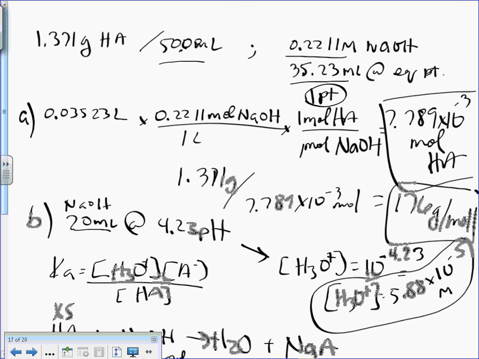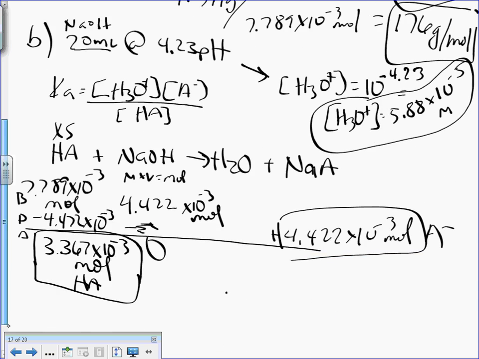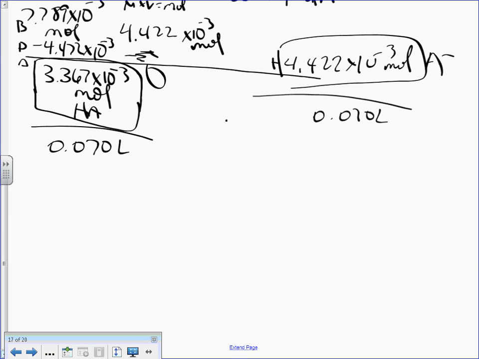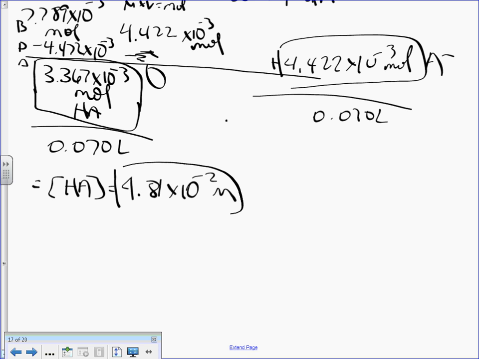So 70 total is our total volume, and that's what you're using to get the final molarity. So divide that by 70 milliliters, which is 0.07 liters. Divide that by the liters, and these will give you your concentrations that you'll be plugging in for Ka. So this is 4.81 times 10 to the negative 2 molar. And then your A minus ion is 6.317 times 10 to the negative 2 molar.